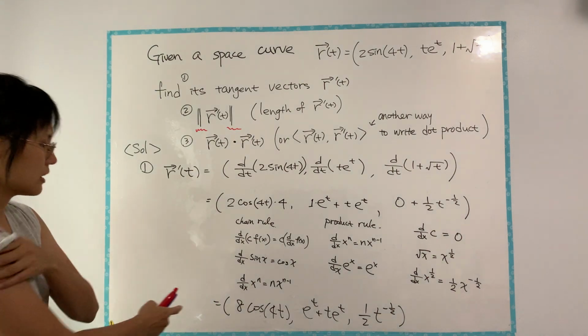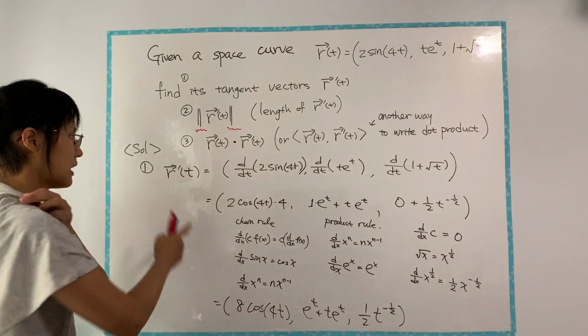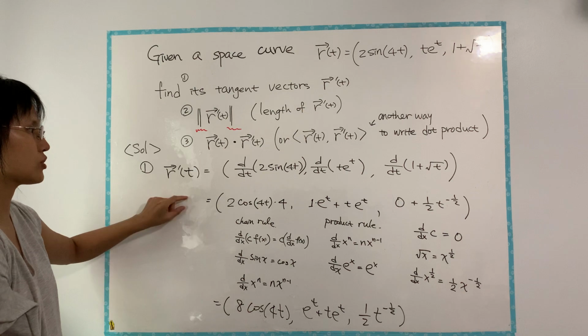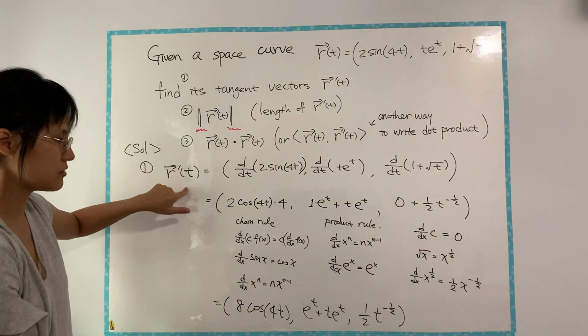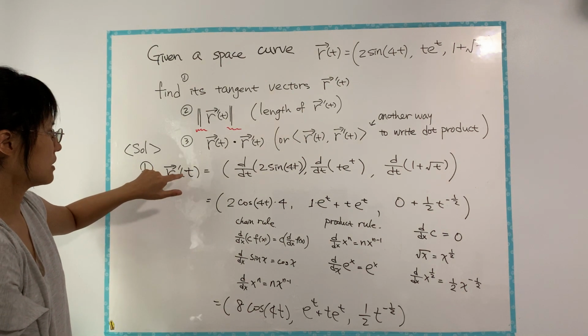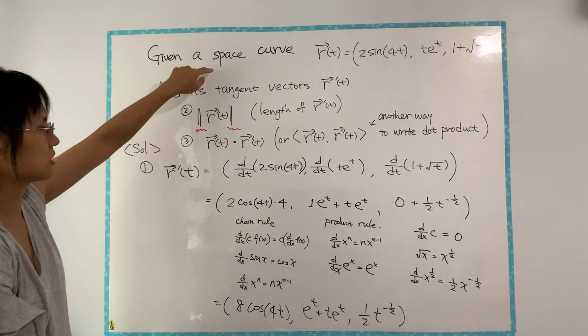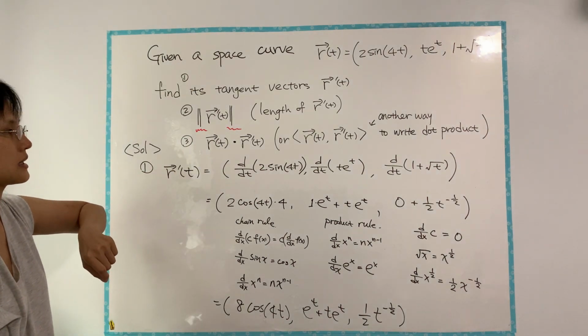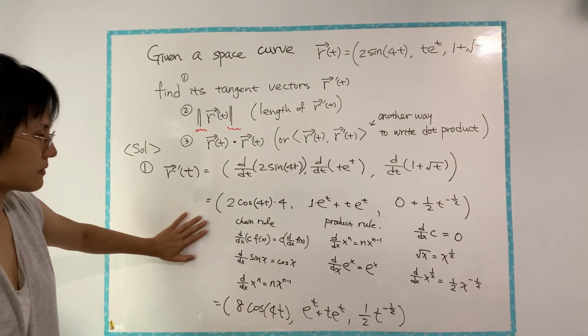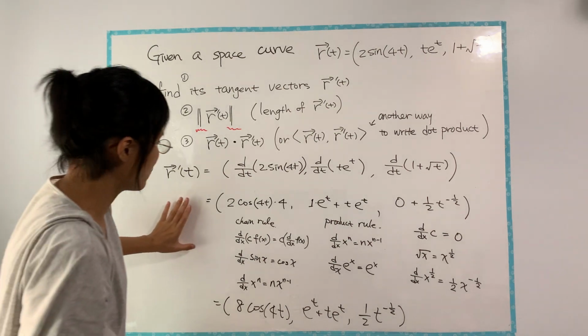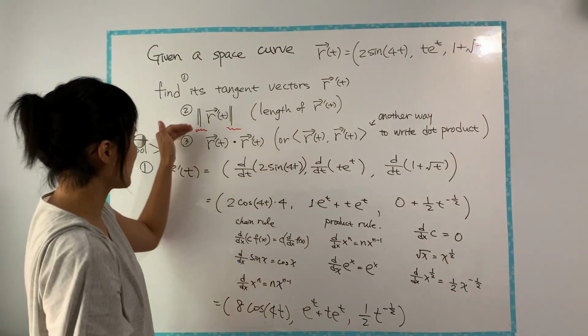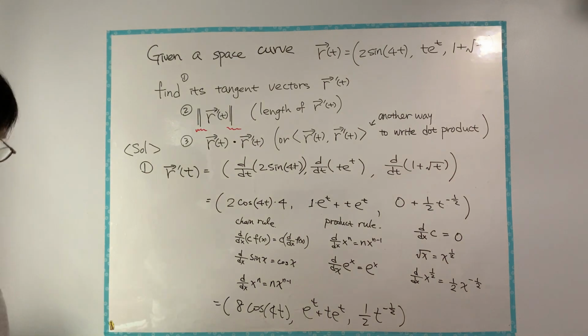Okay, so this vector here is my r prime of t, and its geometric meaning is a tangent vector, a vector tangent to the curve at r of t. Okay. Now pause the video if you need to. I'm going to erase this part so that I can continue solving parts 2 and 3.